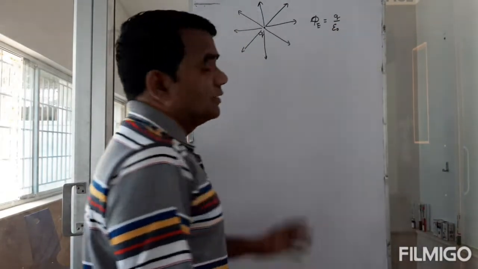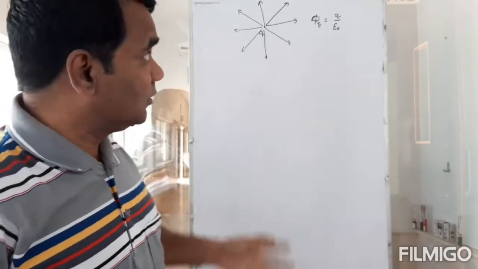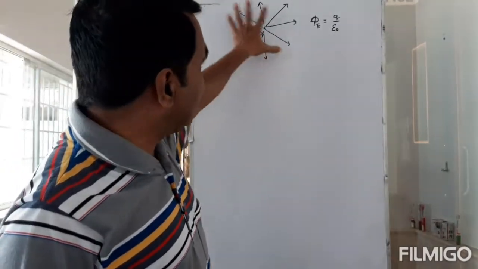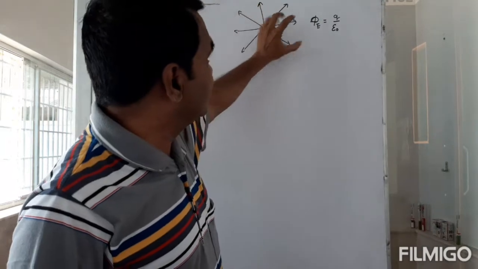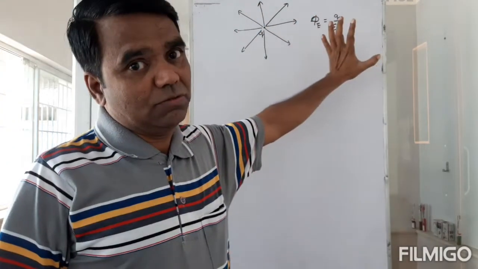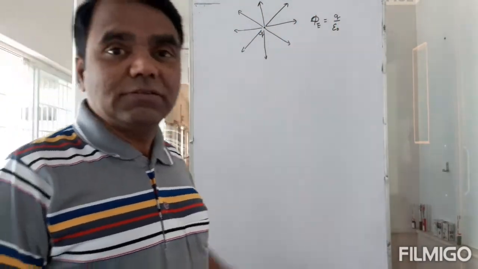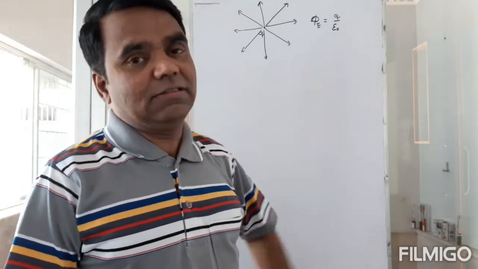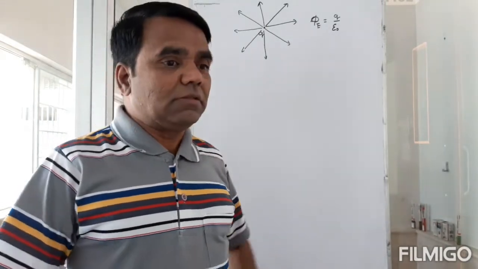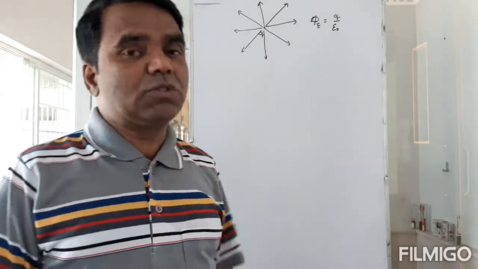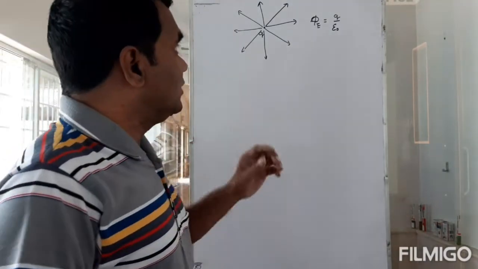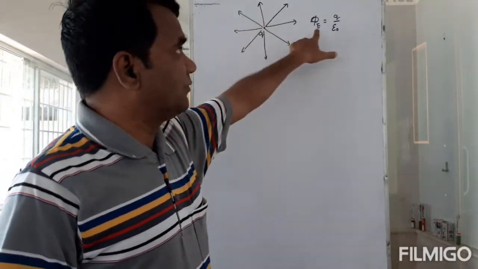Okay? So this is what we say. We don't have this number 8 here, but in place of that number we have Q by epsilon naught. So that's the Gauss law, right?